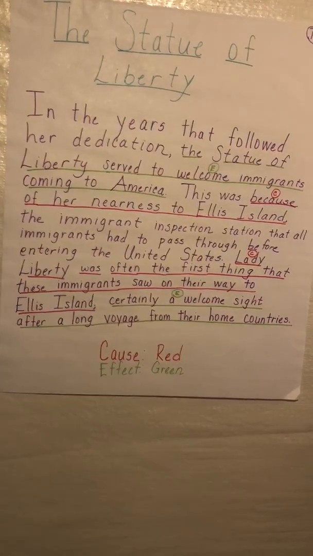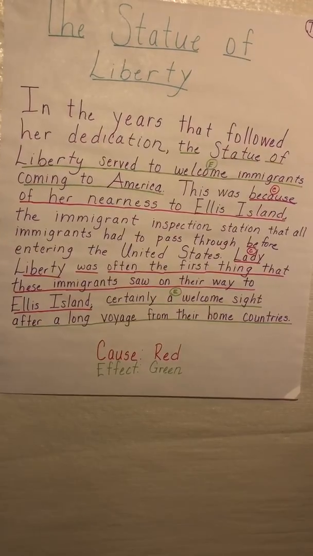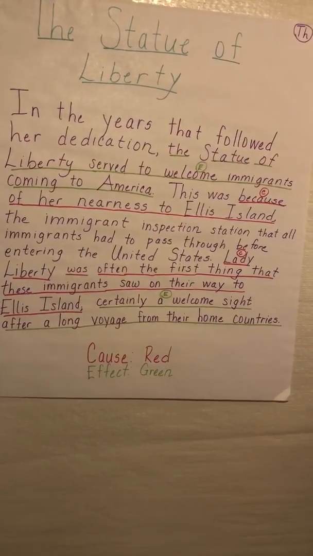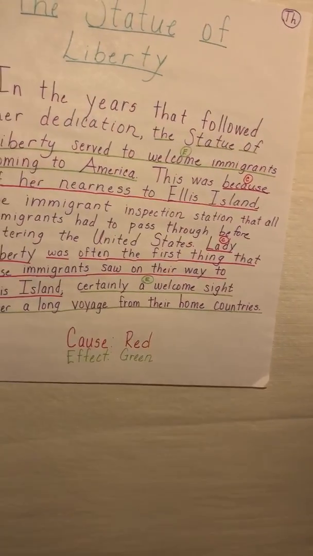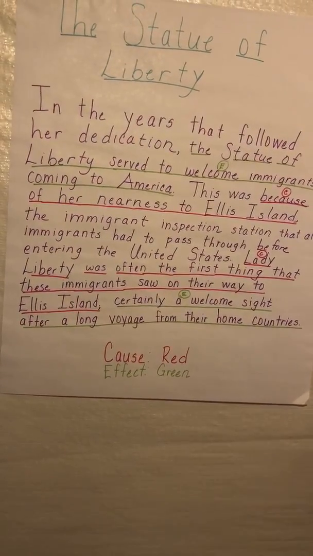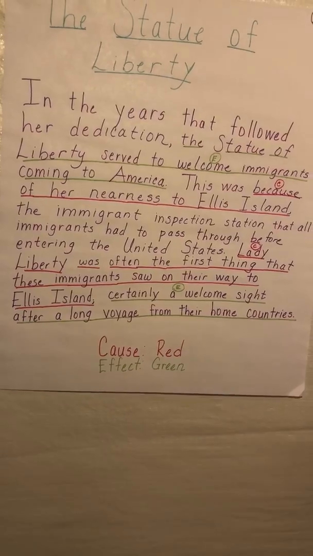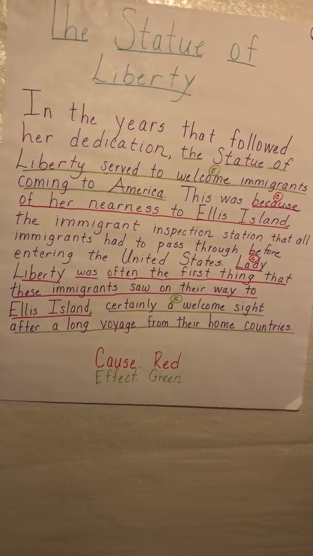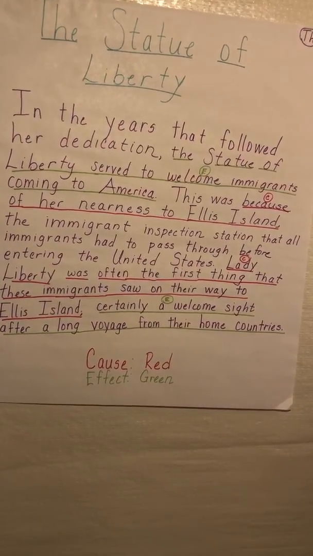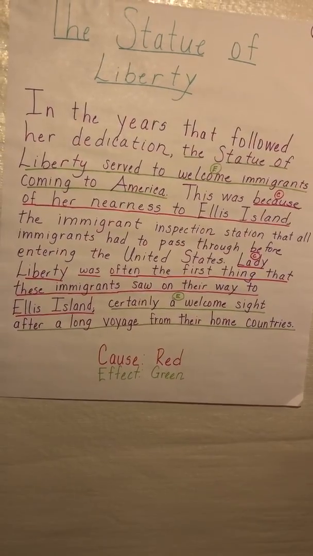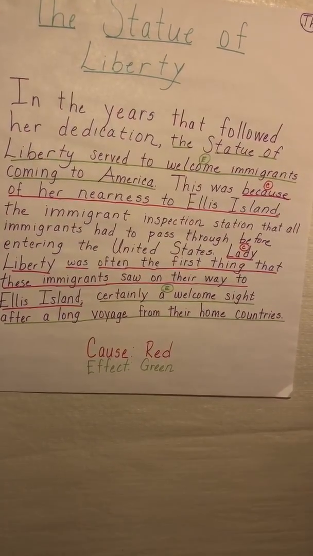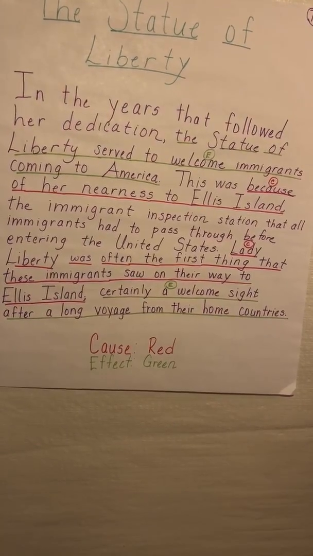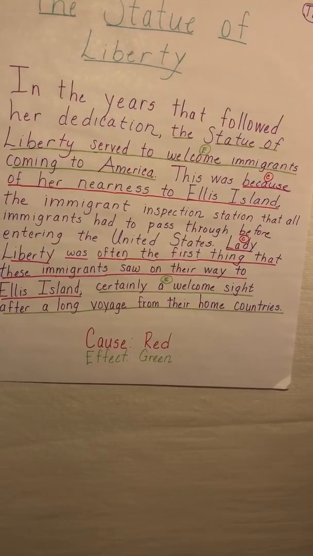So what I did was, after I read through that first paragraph, I stopped and asked myself, what is the why? As a result, what happened? Okay, those are two questions you should ask yourself when reading these cause and effect sentences. So in green, notice the effect came first here. The Statue of Liberty served to welcome immigrants coming to America. That's what happened.